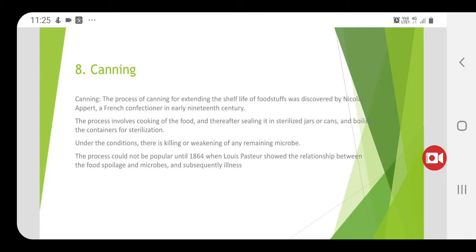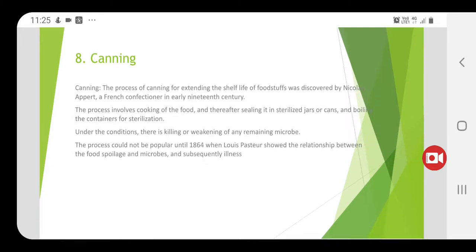In ancient days also this kind of canning process was used, and even nowadays it is being used. You can see many cans: milkmaid, jam, jelly, whatever things are put in cans. It may be glass cans, or tin cans.